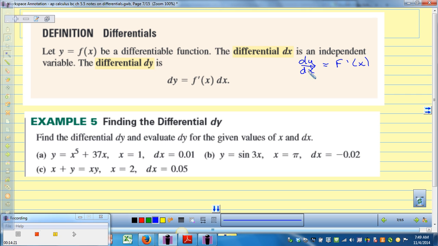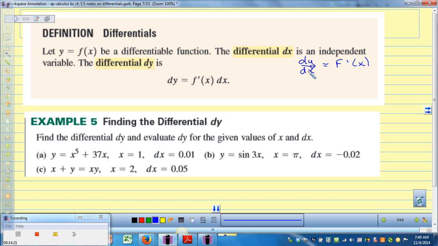And if you remember how we found derivatives in the beginning, it's the slope when we make our distance from our point of interest very, very, very tiny, right? So dy is a very, very small change in y, and dx is a very, very small change in x. So the dy and the dx are called the differentials. Usually if it's a big change, we write a delta.